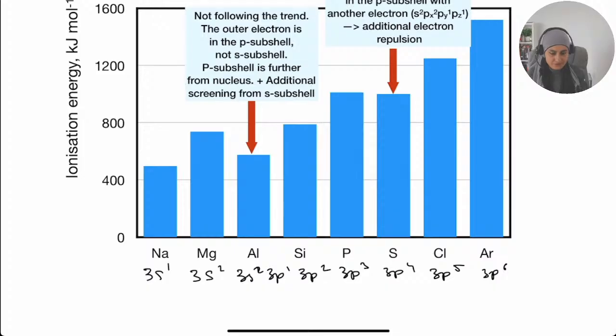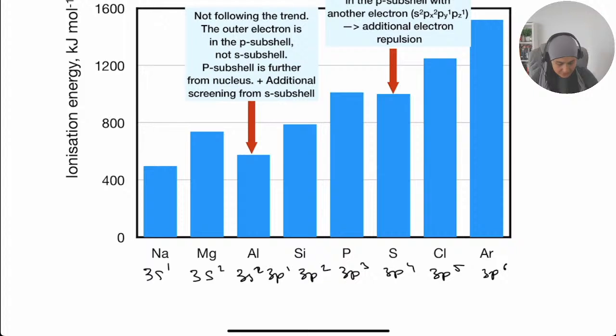All of these factors overpower the extra proton, so they weaken the nuclear attraction. So even though aluminium has that extra proton compared to magnesium, the electron has a higher energy, the 3p subshell is further from the nucleus than 3s, and it experiences extra shielding. All of that decreases the ionization energy.